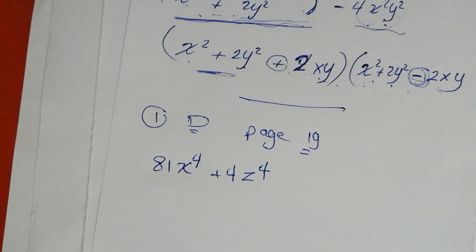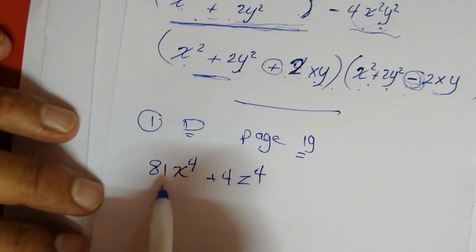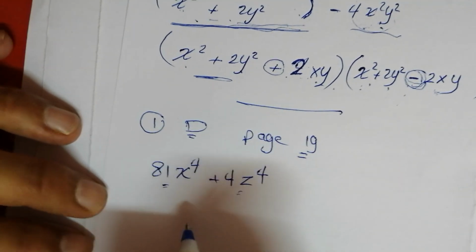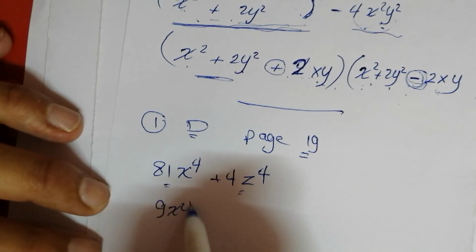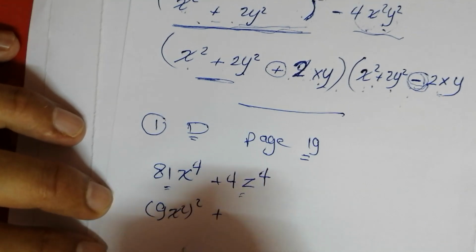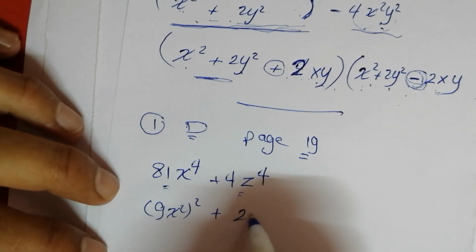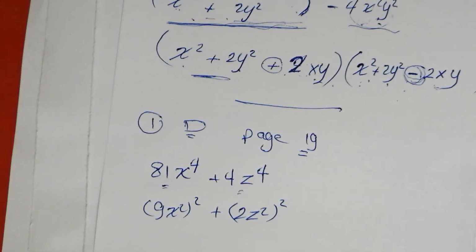It's 81x power 4 plus 4z power 4. Is the first term squared and the other term squared? Yes. 81x power 4 means 9x squared all power 2, plus 4z power 4 means 2z squared all squared. So the two terms are squared.